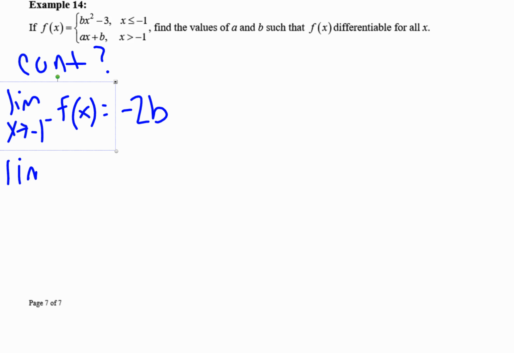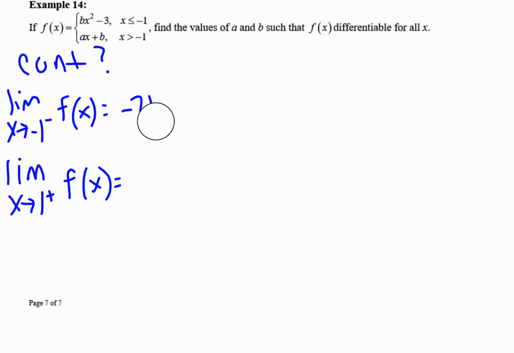And then we'll take the limit as x approaches 1 from the right. Oh, it wouldn't be 2bx. I'm jumping ahead of myself here. Let's get back to that. Plug in -1. That would just be -b minus 3. Okay, then -1 from the right side. Plug in a -1, we get -a plus b.